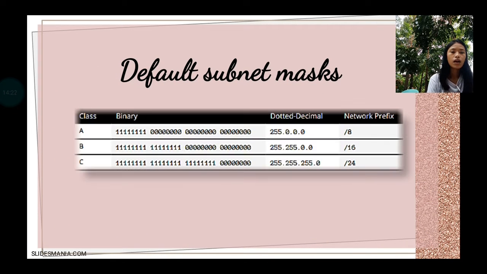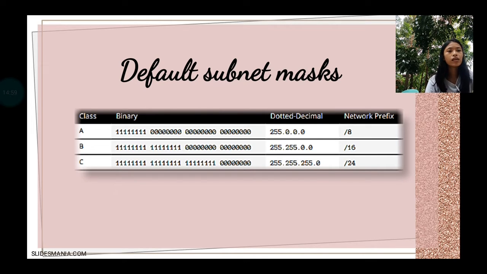So, this is our default subnet mask. We have here our class A, B, and C. Also we have here its dotted decimal notation, which for class A is 255.0.0.0, and if we turn it into the binary notation, the first octet would be all ones and the rest of the octets would be zeros.